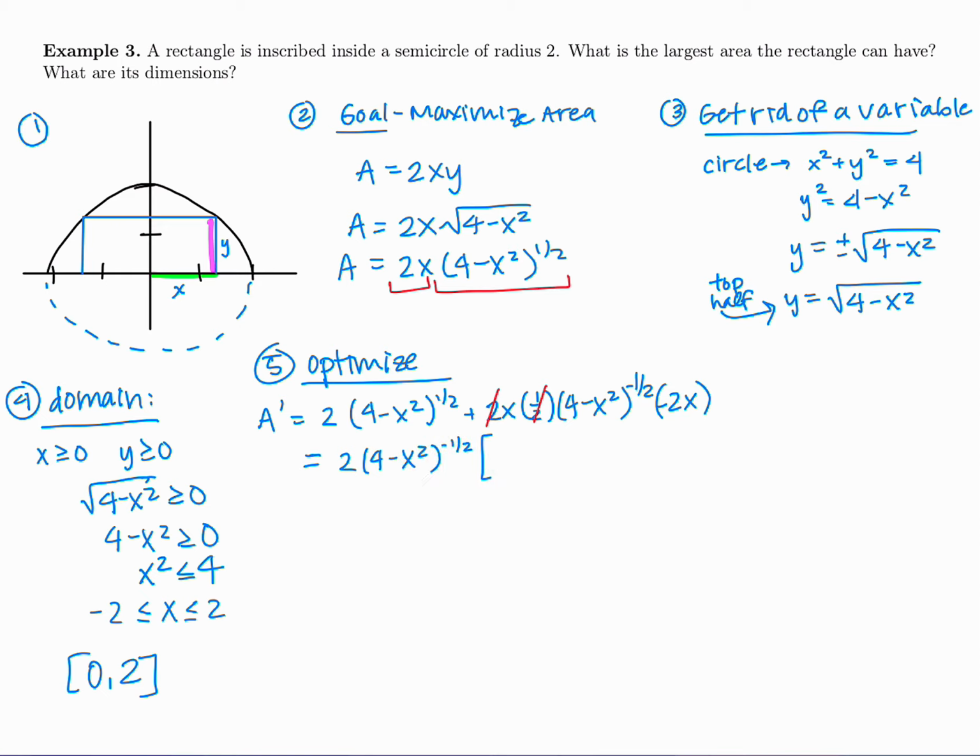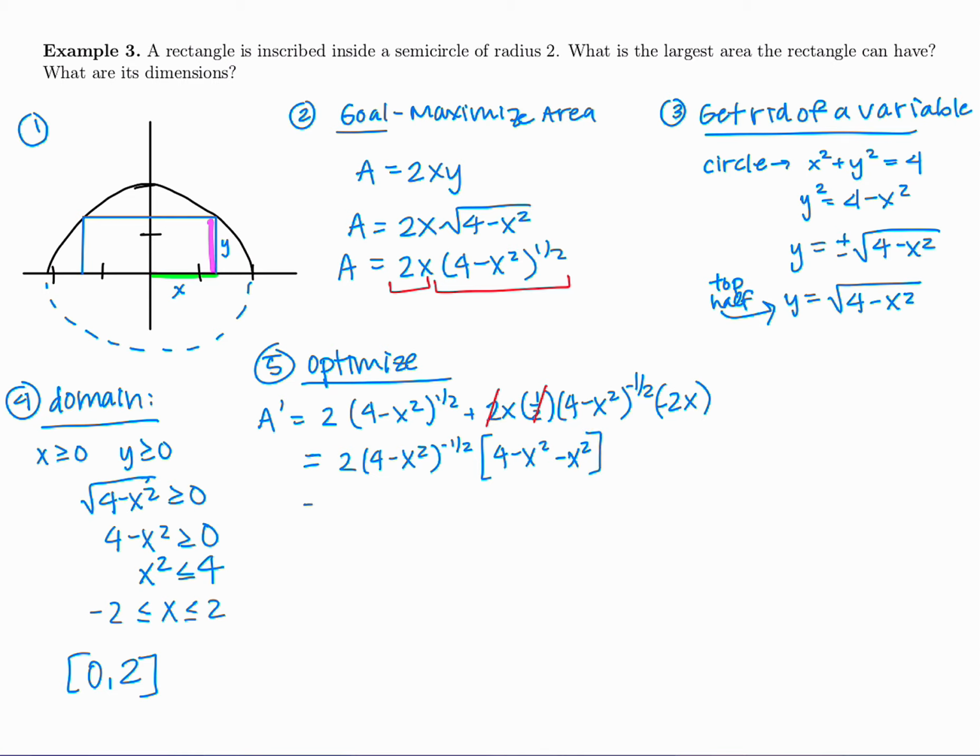And when I do that, I'm going to be left with 4 minus x squared on the left side, plus, I think it's going to be a minus. Let's erase that. Minus, because of that negative right here. Pull that 2 out, pull the 4 minus x squared to the negative 1/2 out, and I'm left with just x times x, so x squared.